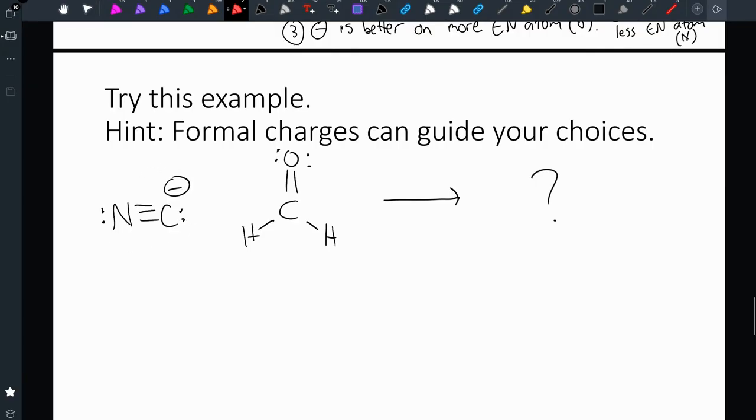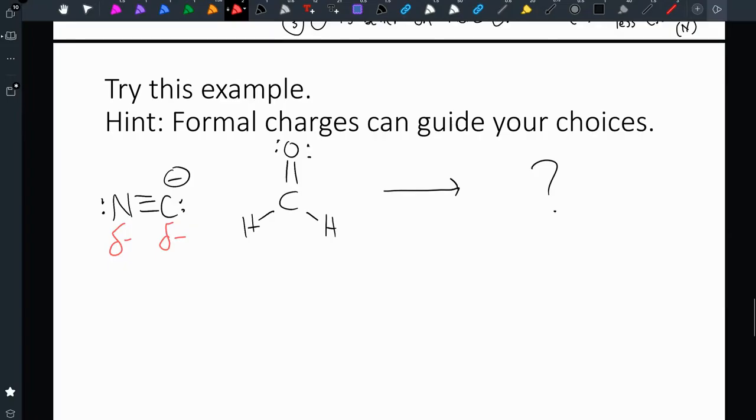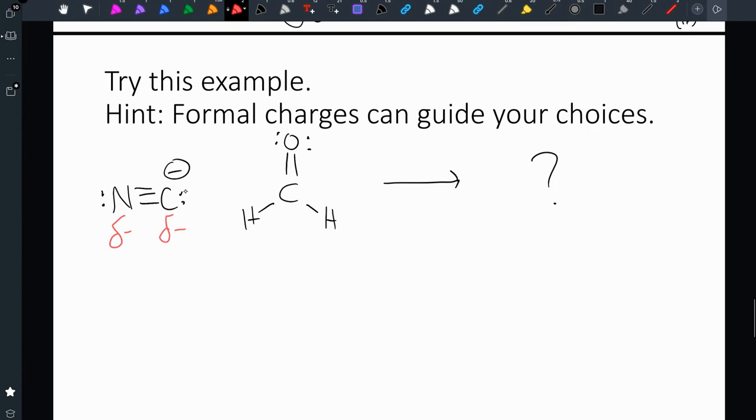We have a negative formal charge on carbon, and then we have a nitrogen. Since this molecule has a negative charge, both of these are going to be partially negative atoms. If you just go by electronegativity, you would say nitrogen might be more partially negative, but that negative formal charge on carbon means it's also going to be partially negative.